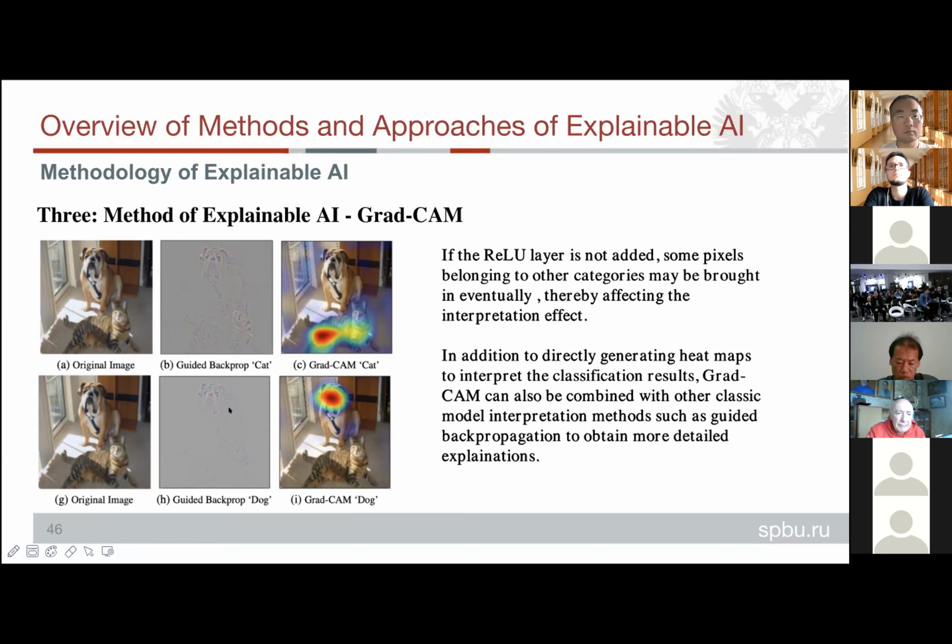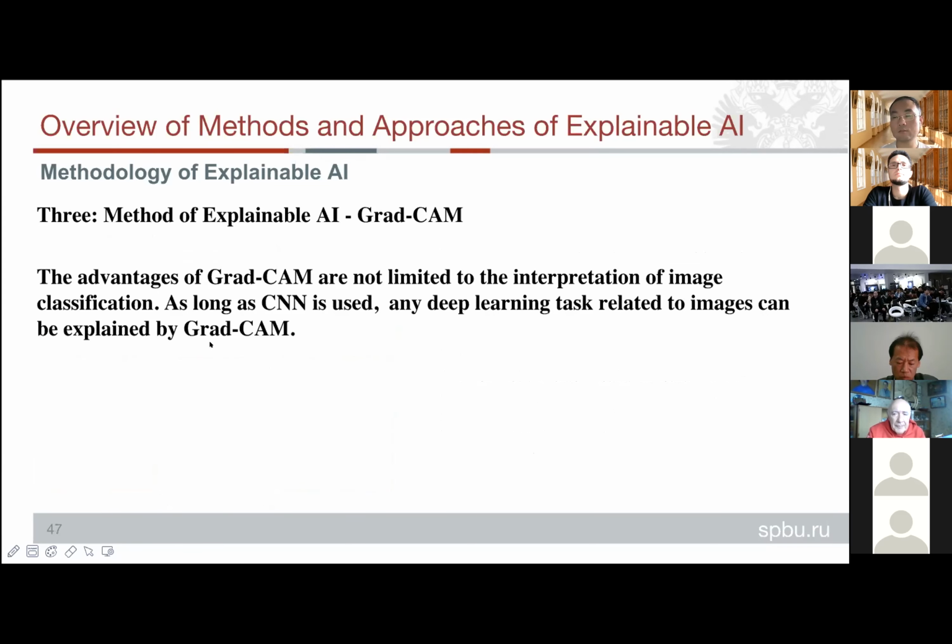In addition to directly generating a heat map to interpret the classification results, Grad-CAM can also be combined with other classical model interpretation methods, such as guided backpropagation, to obtain more detailed explanations. The advantages of Grad-CAM are not limited to the interpretation of image classification.